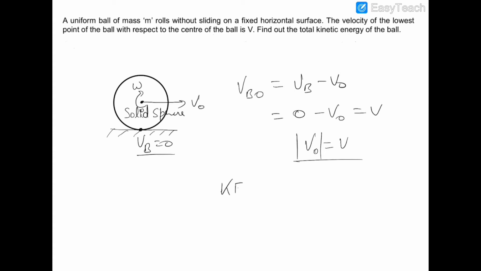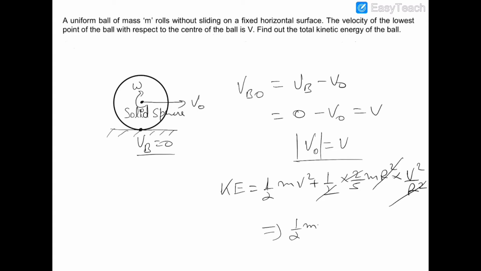So the kinetic energy of the sphere is half mv square plus half I omega square, where I is 2 by 5 mr square and omega is v by r. So cancelling this r square with r square, this is 1 by 2 mv square plus 1 by 5 mv square.